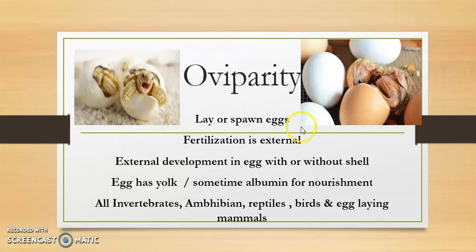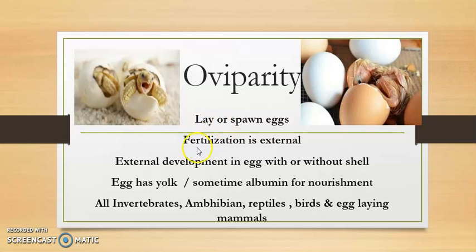Now I'm telling you about the types of animals according to whether they lay eggs or give birth. The first term is called oviparity, which means the organism lays eggs or spawns eggs. Examples are birds, reptiles, and egg-laying mammals.